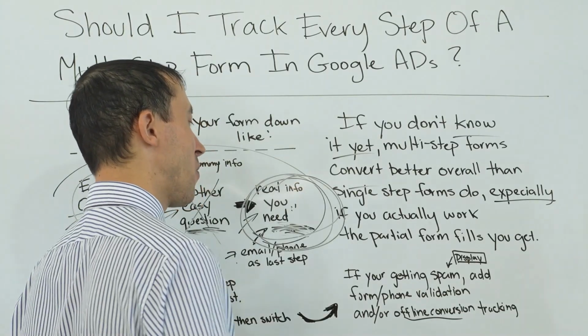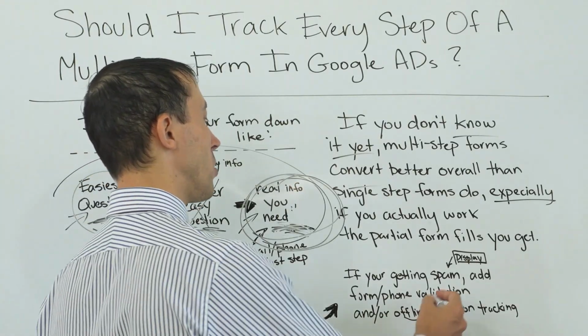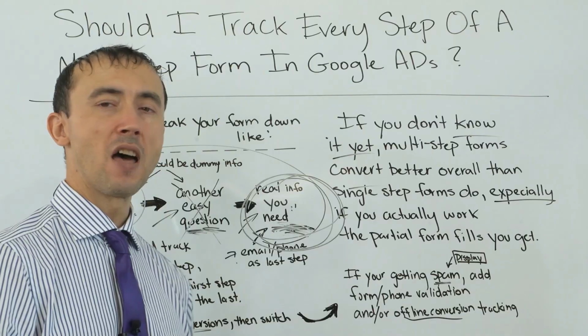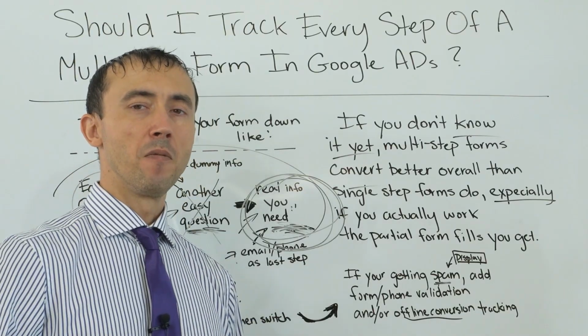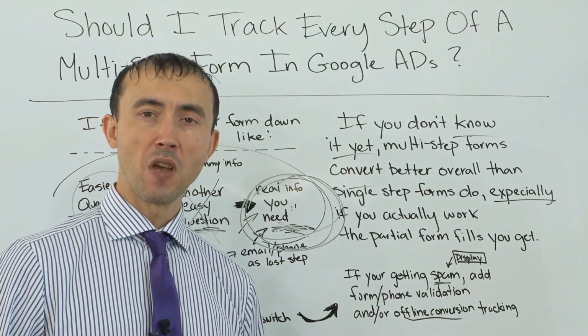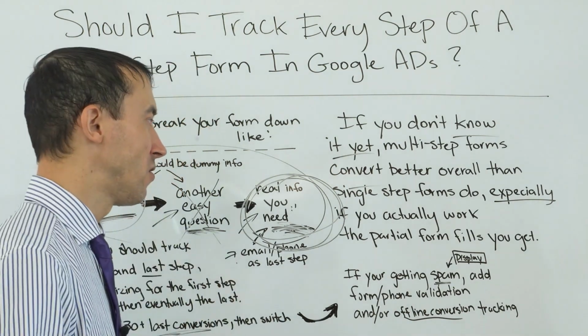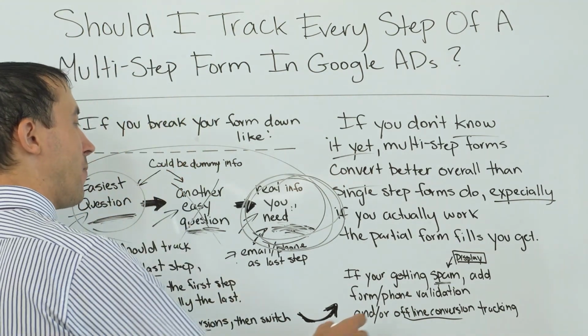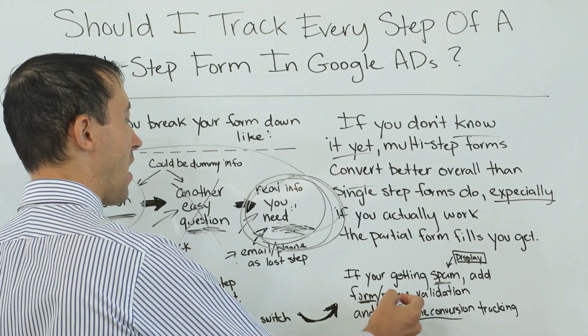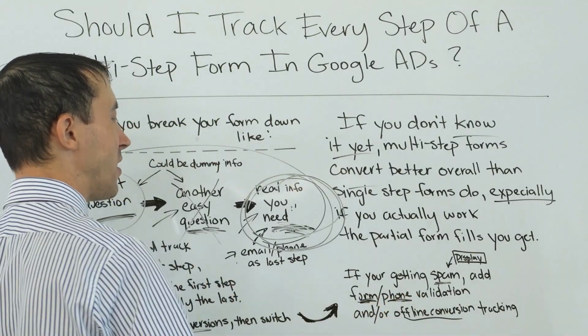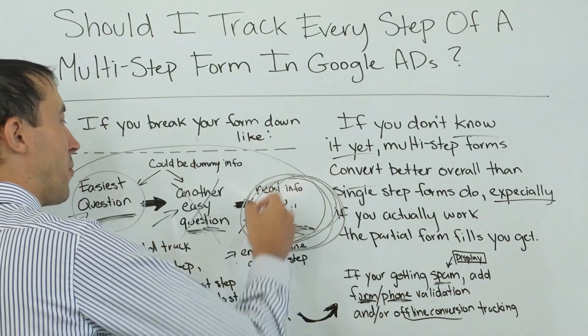So if you are getting form spam, and most of this comes from display campaigns, but not only display, if you're running display campaigns, YouTube campaigns, Google display campaigns, or demand gen ads, what I would recommend is to add email and phone number validation to the last step of your form.